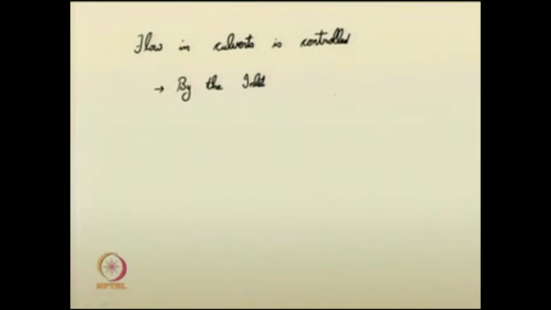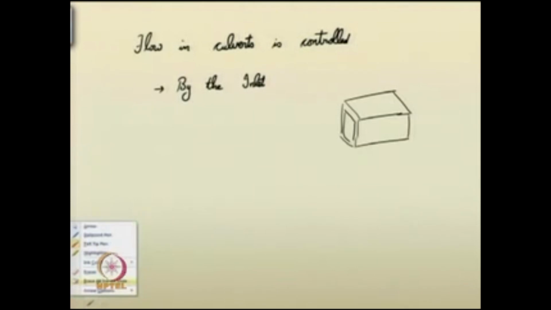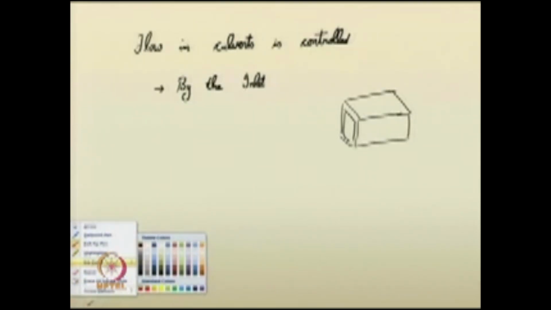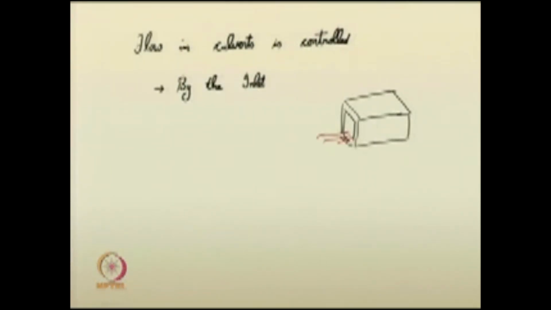So again I am just drawing the thing here. You have the inlet water coming like this, this is the outlet of the culvert. So, the inlet geometry also plays an important role.